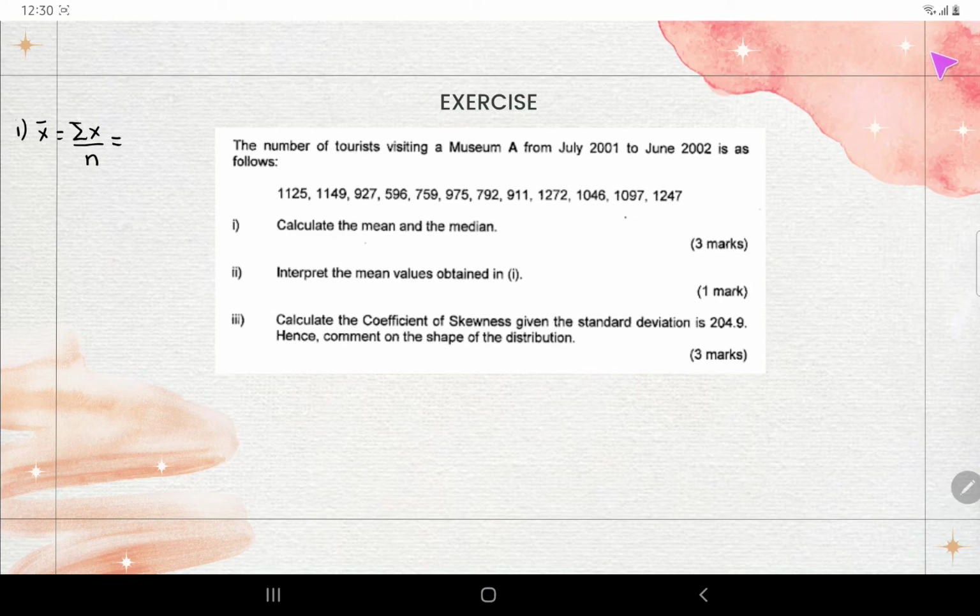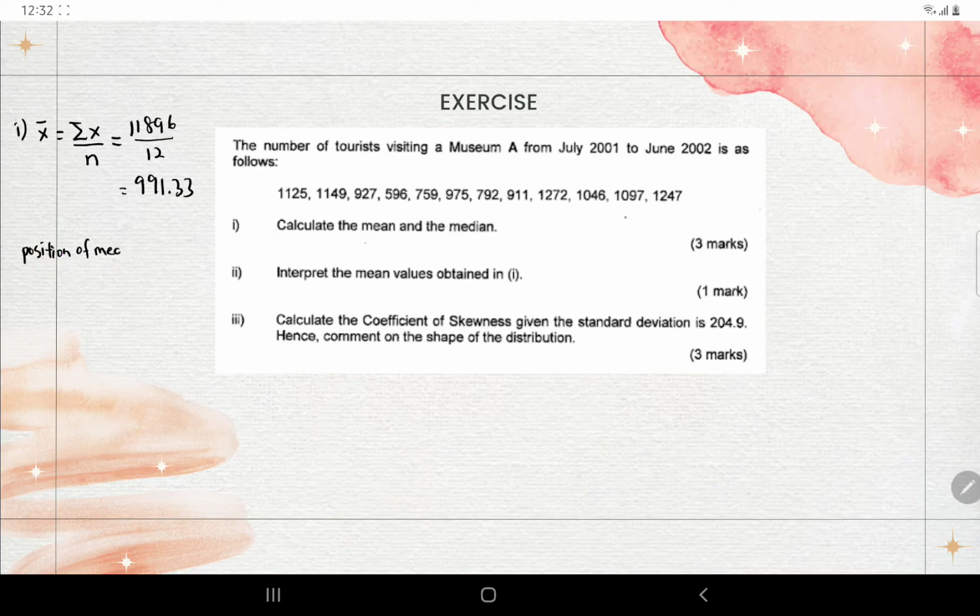The total of x is 11896, divided by our n, which is 1, 2, 3, 4, 5, 6, 7, 8, 9, 10, 11, 12. Divide by 12. So the answer for the mean is 991.33.